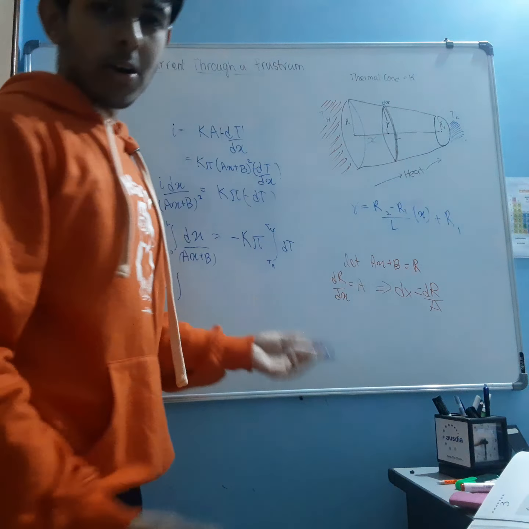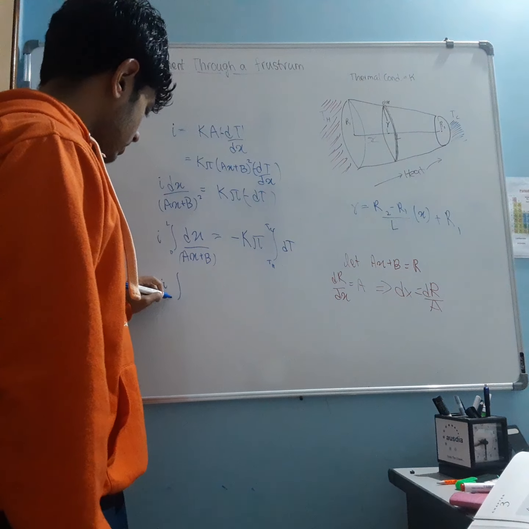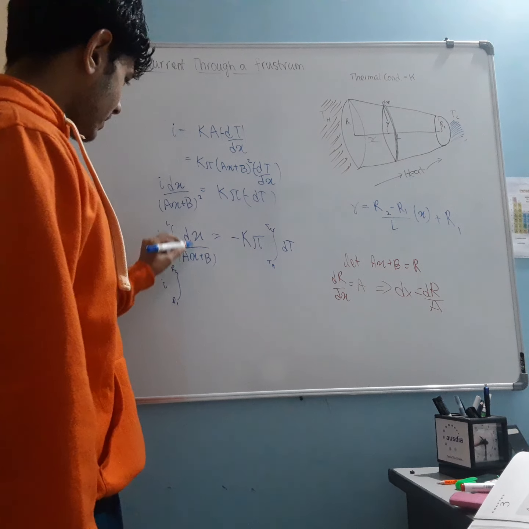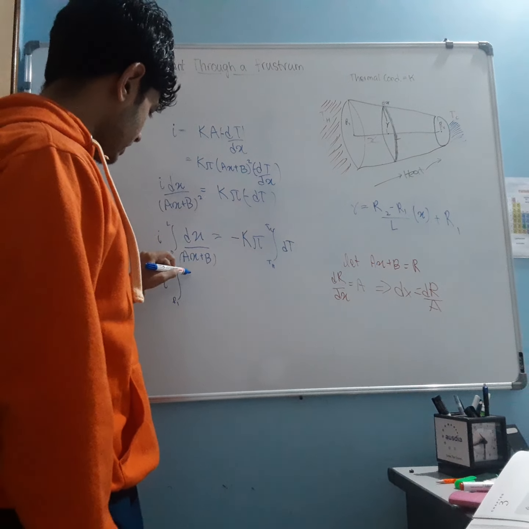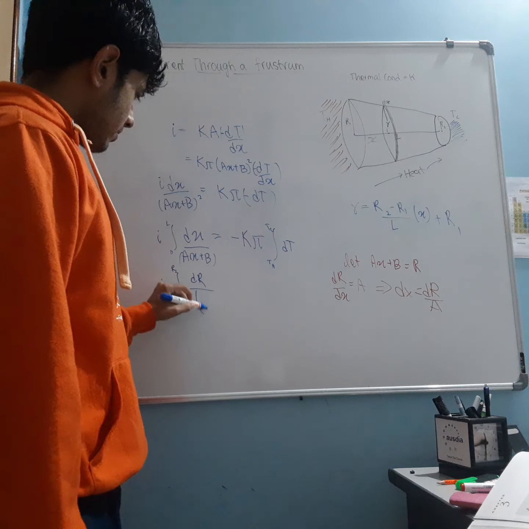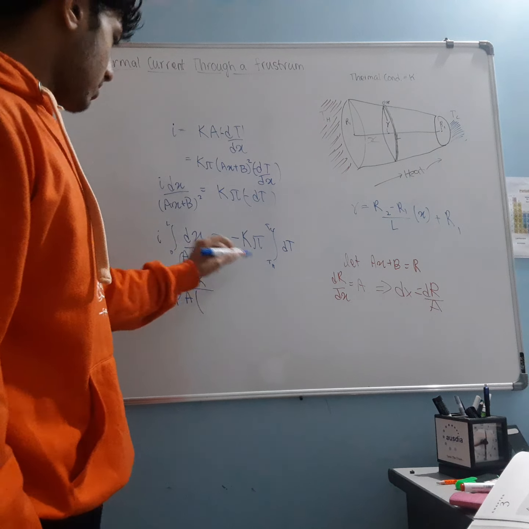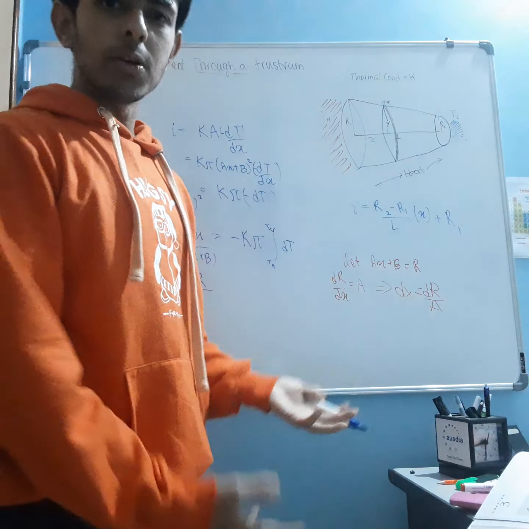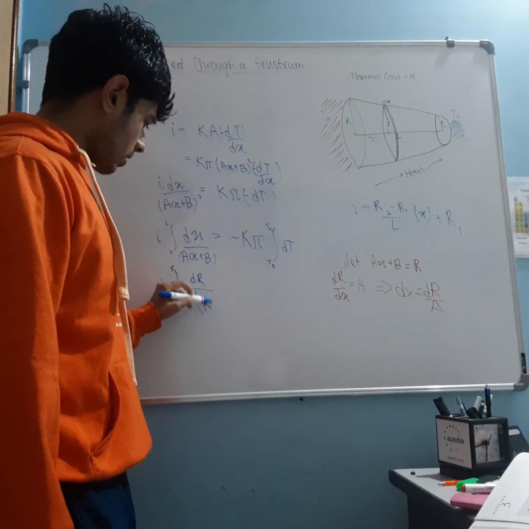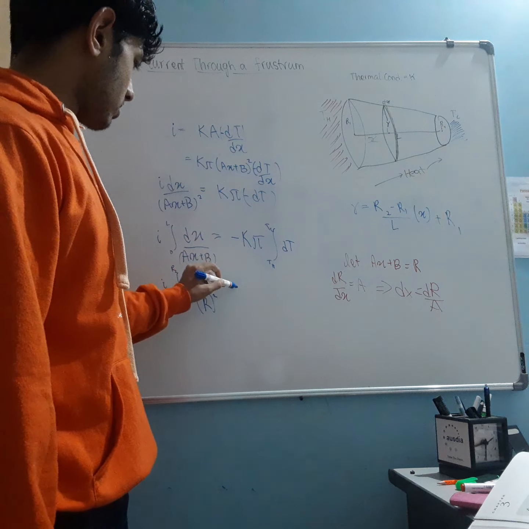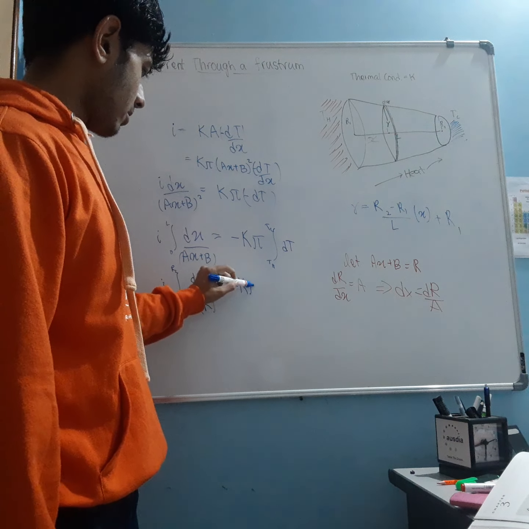So R1 till R2 will be my integrating limits, and dx is dr divided by a. Since I've substituted ax plus b equal to r, this is r square. And this gives you minus k pi.